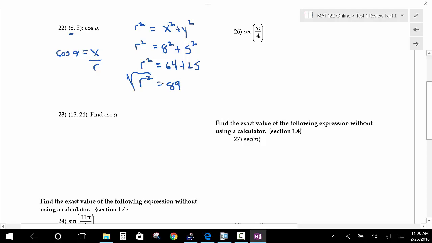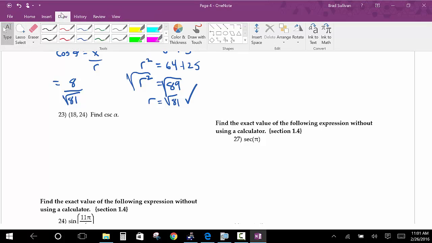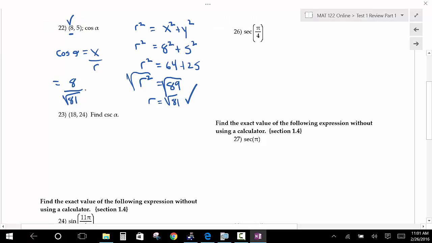Square root both sides. And remember, r is always positive. So now we're ready to get our ratio. So the ratio is x, which is 8, over r, which we just found. And then you can rationalize the denominator to get an answer to the problem. Okay, just always want denominators rationalized. That's pretty standard.